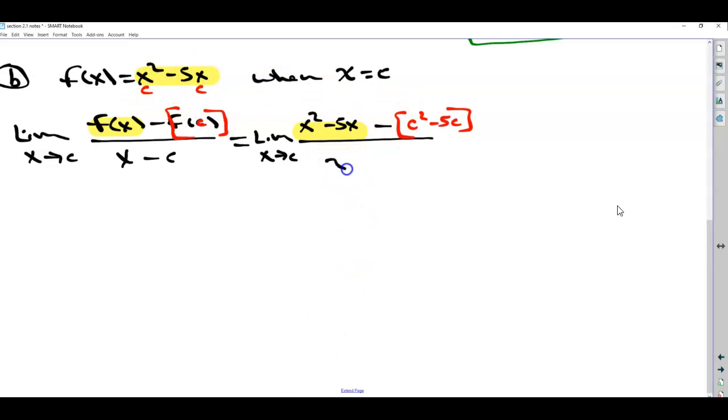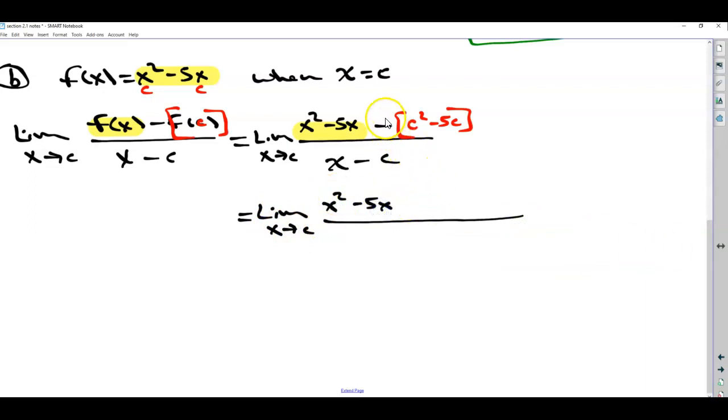And then on the bottom, we still have x minus regular c. So this is where it gets really weird and confusing. All right, so pay special attention. If you have to pause it a couple times to get caught up, please do so. Well, first thing I'm going to do is distribute this negative. So it'll be negative c squared, and then distribute to give me positive 5c.